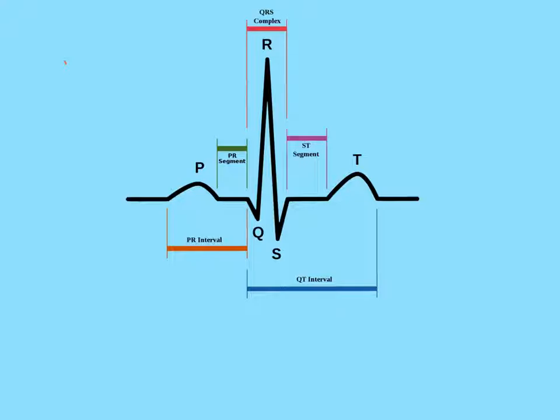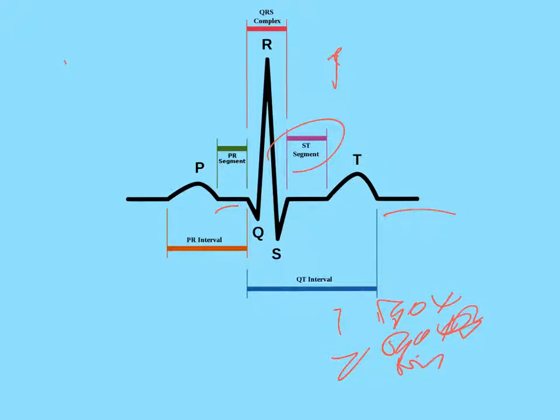So, ST elevation, obviously, is when the ST segment is elevated compared to the baseline here and here. In most cases it only has to be one box. It can also be two boxes or more, but it's got to be elevated. Later on, we'll get into the headaches about which leads on an EKG.